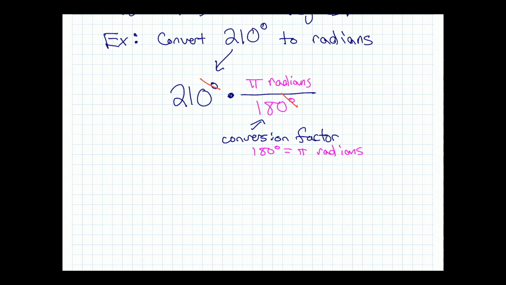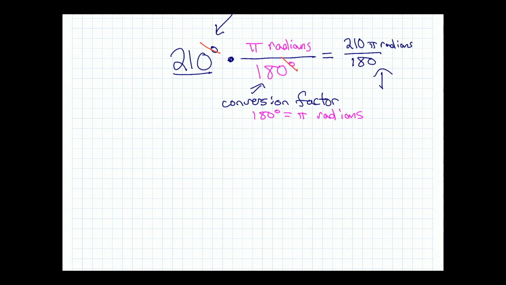So once you have that written down, then you just multiply it out. Just reading across here, we have 210 times pi radians, and then on the bottom, we just have 180. Technically we're done, this is now in radians, but we're not really done because we should reduce that fraction.